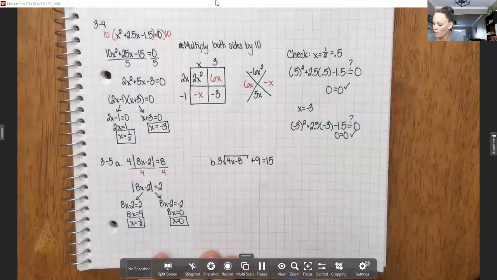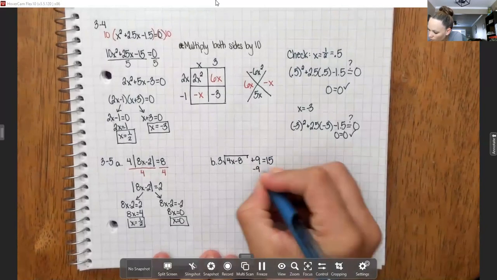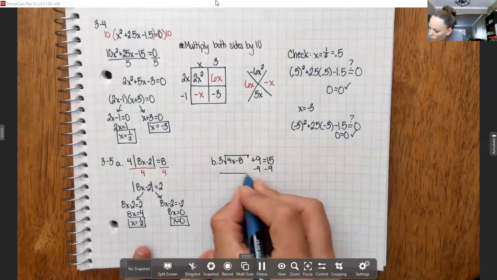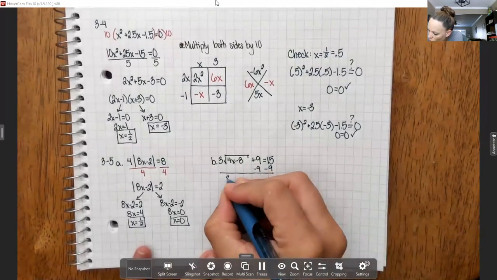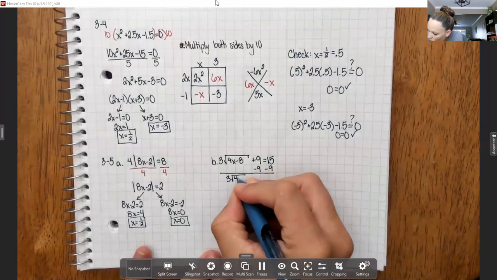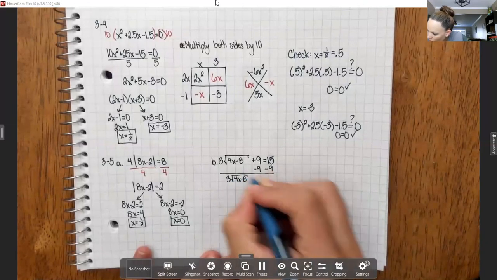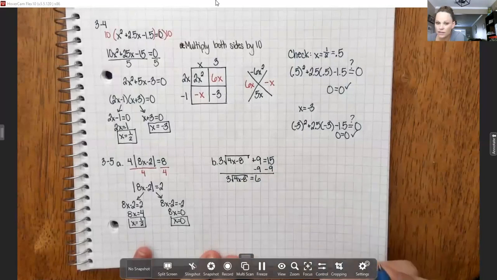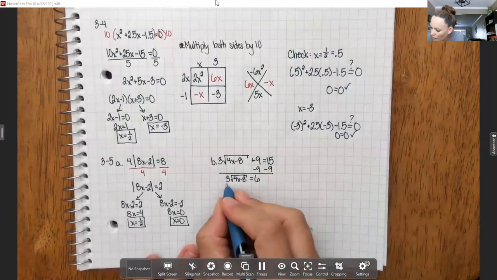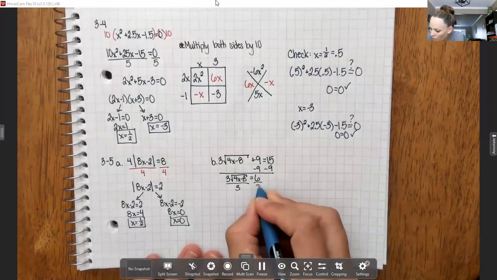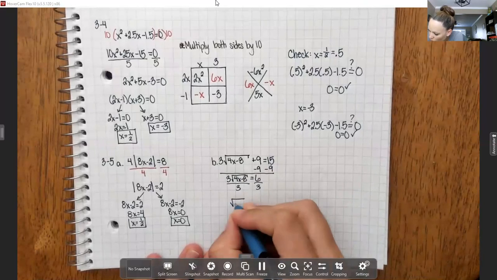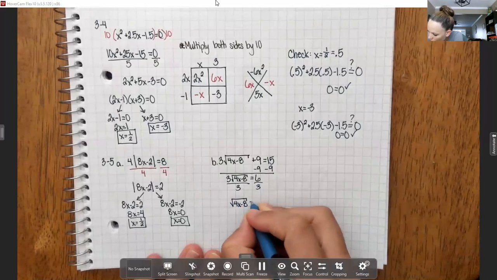So we subtract 9. 3 times the square root of 4x minus 8 is equal to 6. And then you divide by 3. The square root of 4x minus 8 is equal to 2.